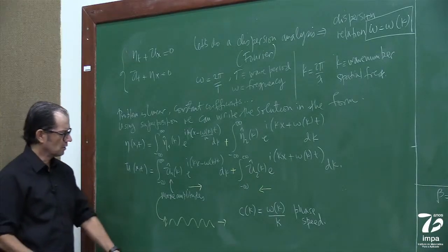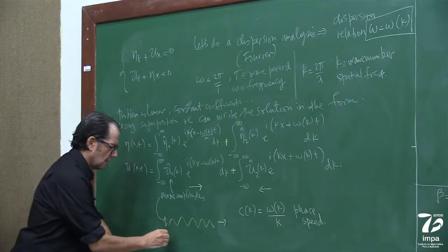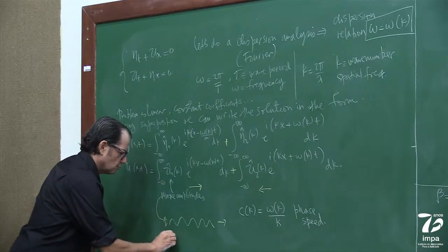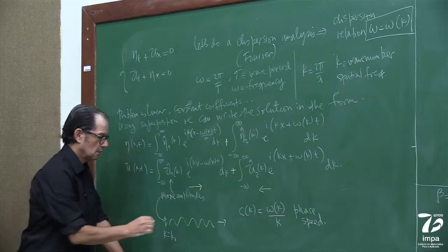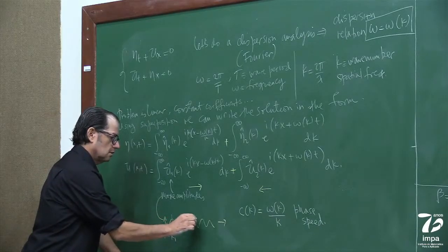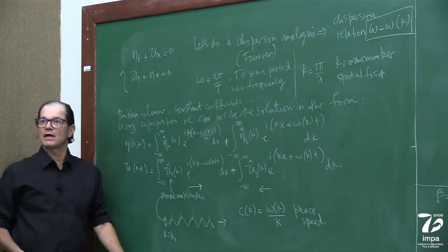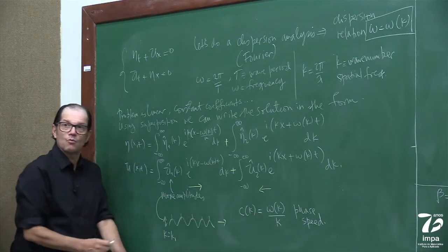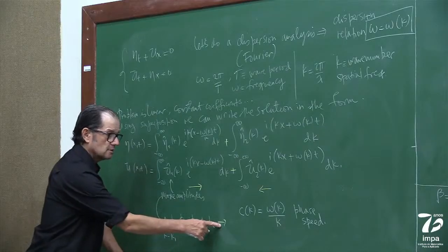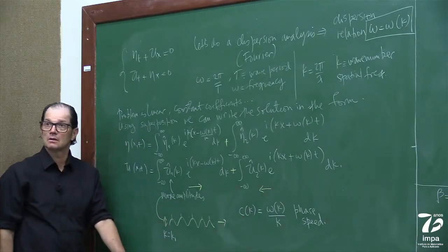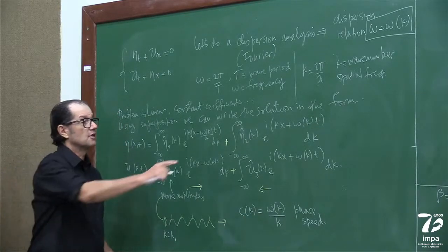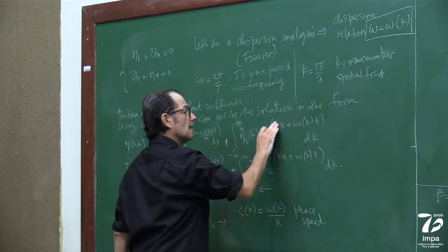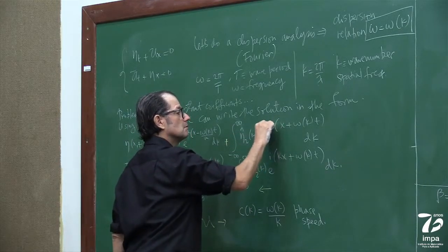Is that intuitive? Look, if this is a given k, say k equal to k1, right? This is a given phase, whatever you want to call it, doesn't matter. And this guy will move to the right with this speed. Right? This guy will move to the left with that same speed.